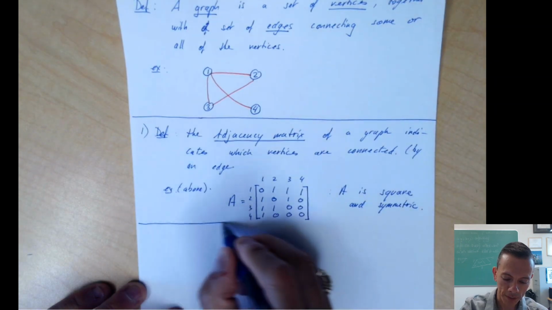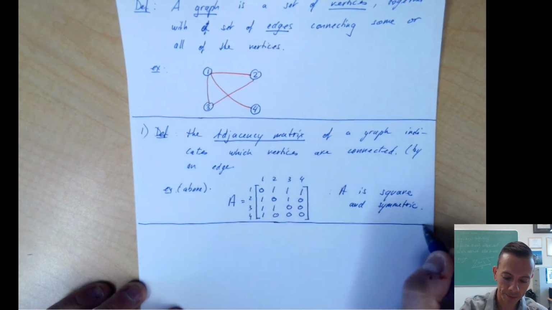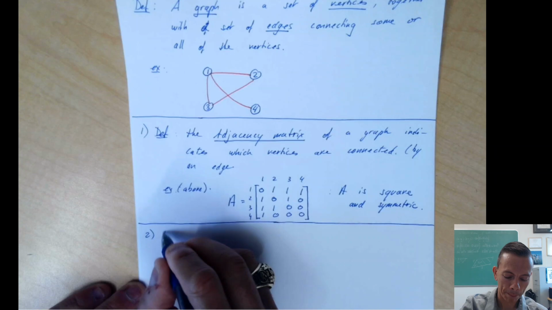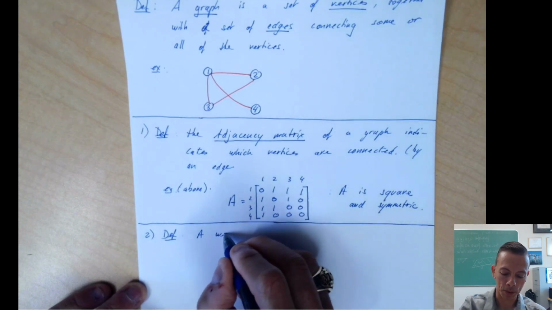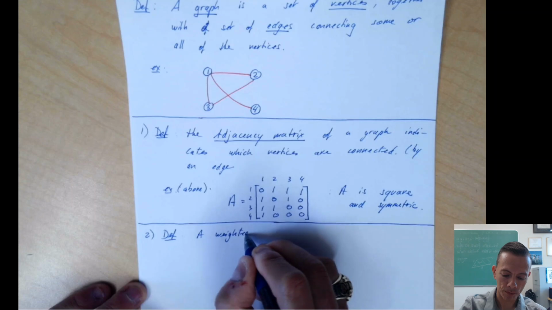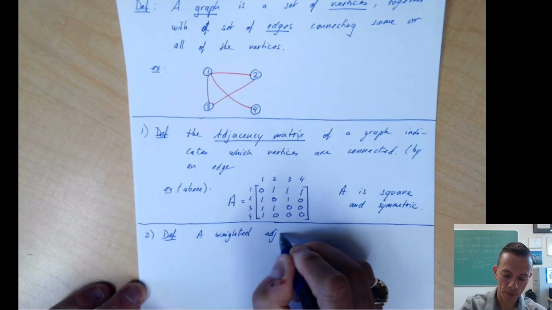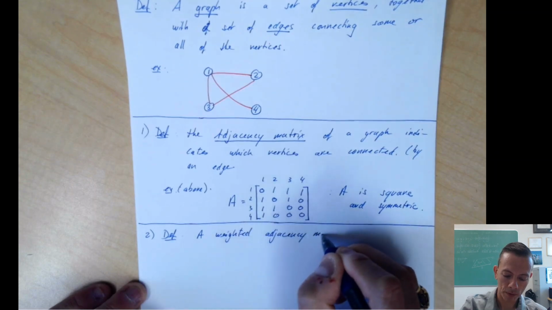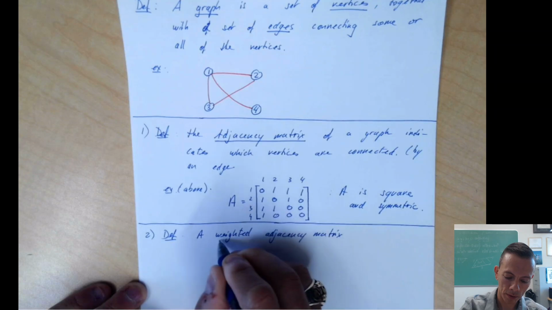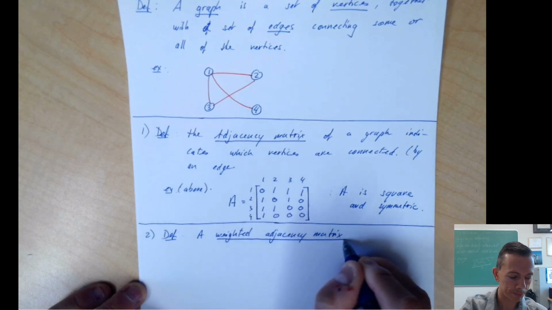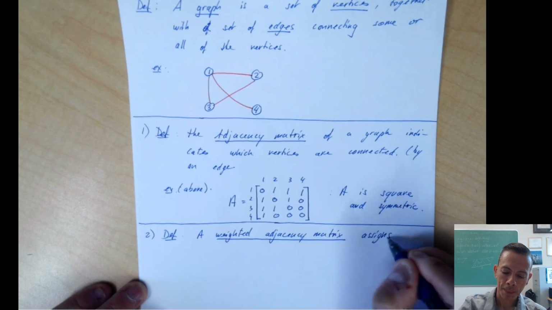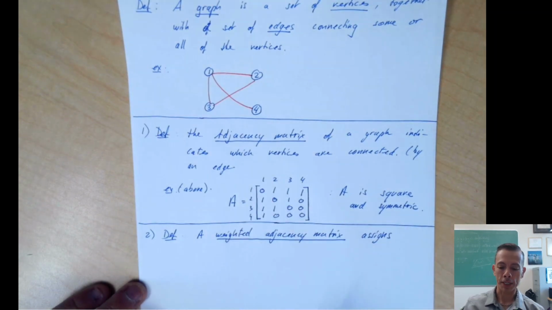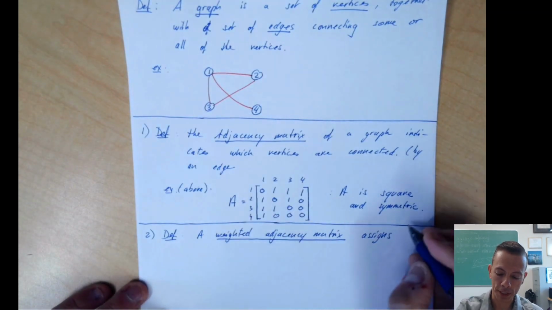You can take this even a step further and define a weighted adjacency matrix. Which is very similar, except that you assign a weight to each one of the edges.